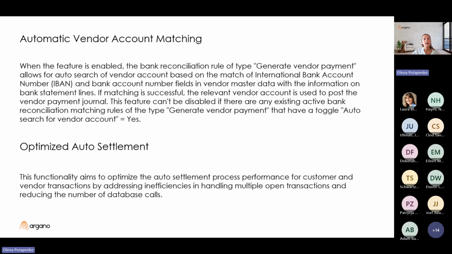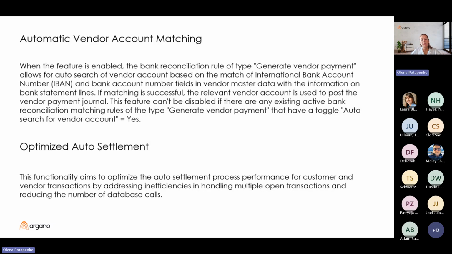And then, if you set this new parameter to yes, basically the bank reconciliation rule of type generate vendor payment will allow you auto search of vendor account based on the match of international bank account number and bank account number fields in the vendor master data with the information on bank statement lines.